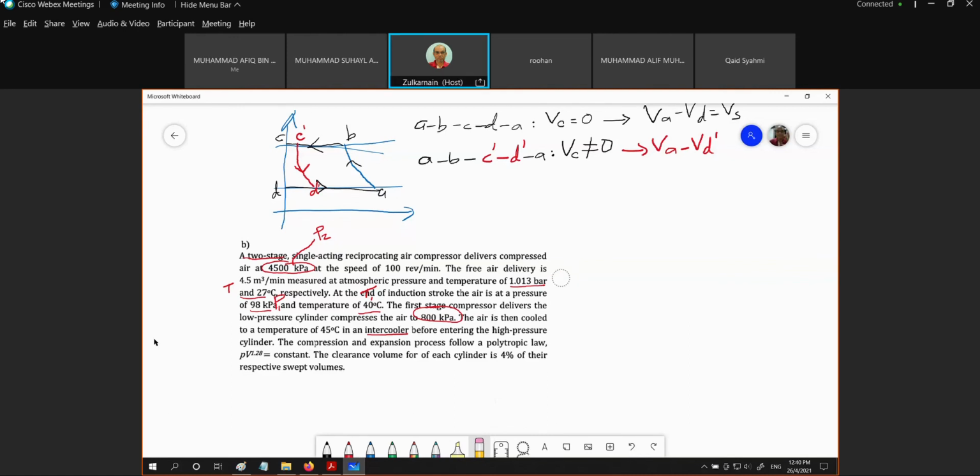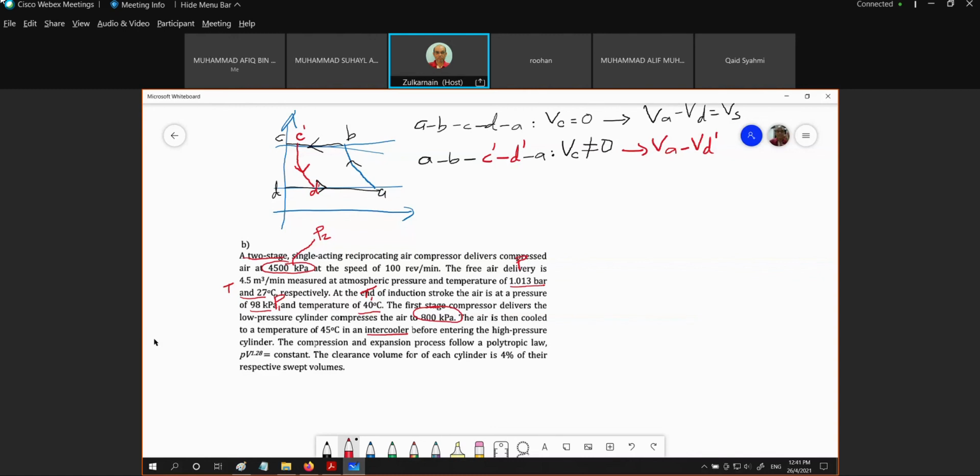Any idea, guys? What is this 800 for? Intermediate pressure. Okay, this is our P. This is our intermediate pressure because it's discussing about the low pressure cylinder of the compressor.